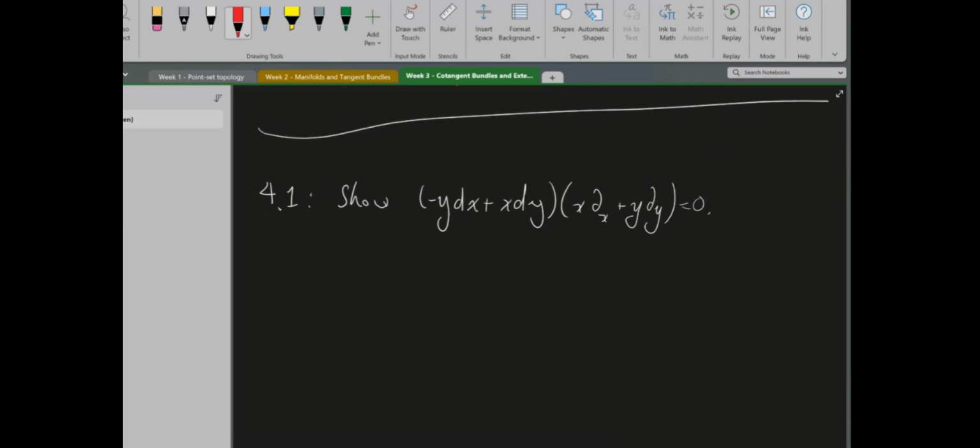Okay, so to do this, does anybody remember how I evaluate differential forms on tangent vectors? Namely, this lives in sections of T star M, which is the cotangent bundle, and this lives in the sections on the tangent bundle.